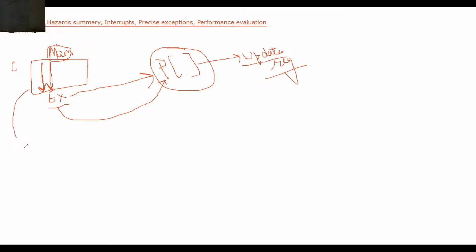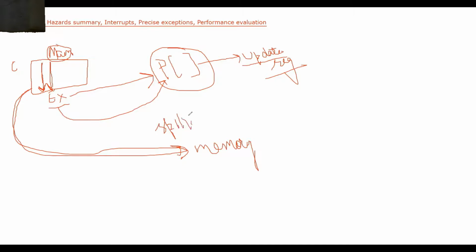That is done by saving these registers onto the stack, or onto a memory. This mechanism of saving registers in memory is called spilling of registers. So we are spilling the data from registers into the memory, and the reverse is taking data from memory and placing that data into the registers.